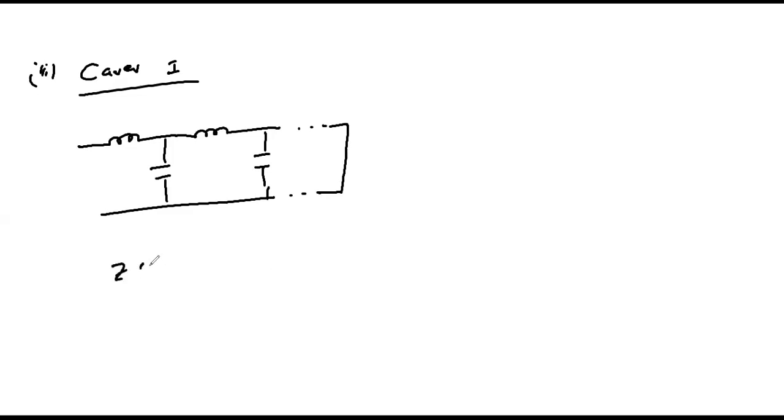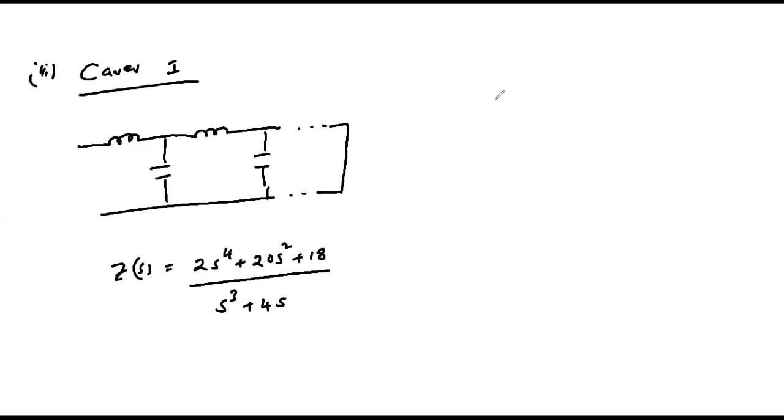Our Z of S was given by 2S power 4 plus 20S squared plus 18 divided by S power 3 plus 4S. We're supposed to write this in descending orders of S for both the numerator and the denominator. And as you can see, it is already in descending powers of S.